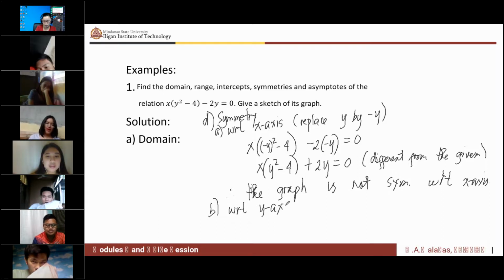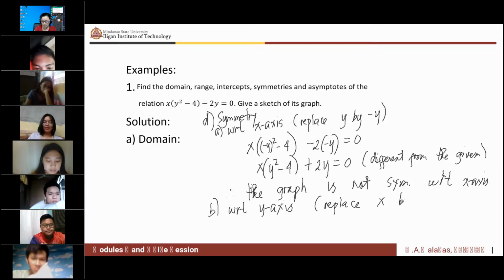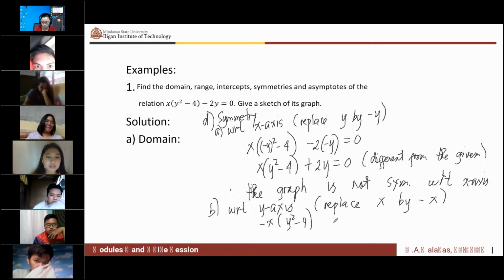So with respect to the y-axis, what do we replace? We replace x by negative x. So we get negative x times y squared minus 4 minus 2y equals 0.